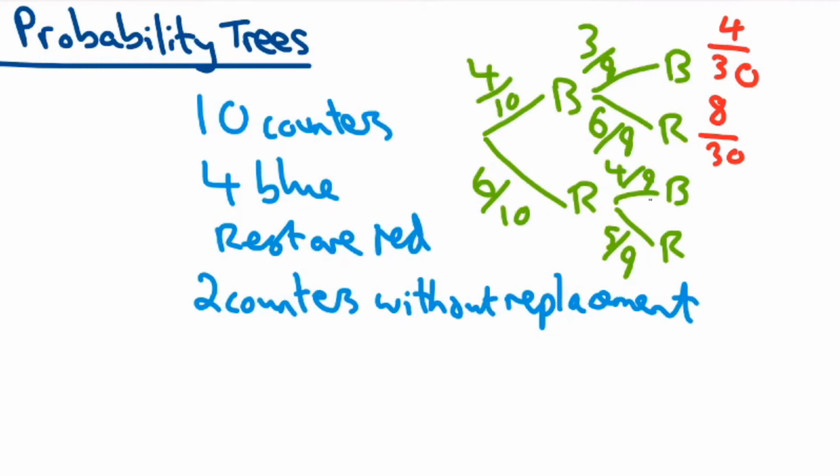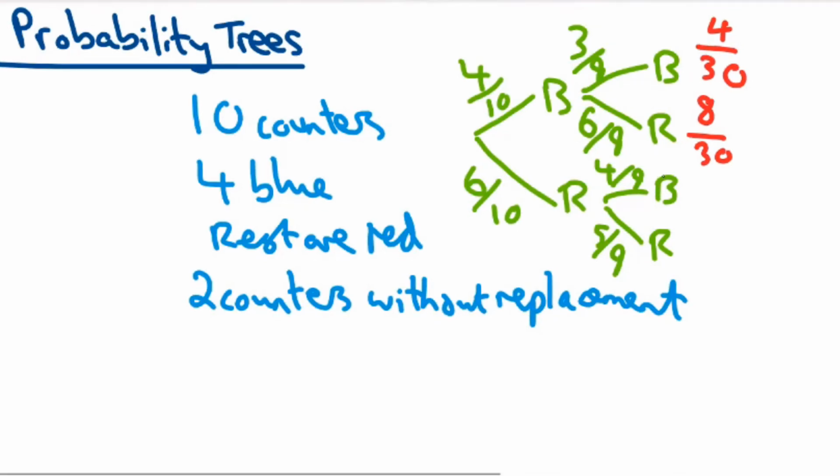Here, with the 6/10 times the 4 over 9, that is going to be, once again, the 8 over the 30. Again, these middle ones are going to be the same because it's just the same numbers times together in a slightly different order. And then lastly, down at the bottom, with your 6/10 times your 5 over 9, that's going to give us 10 over 30. Now actually we could simplify these if we wanted. You've got your 2 over 15, your 4 over 15, 4 over 15 and 1 over 3.